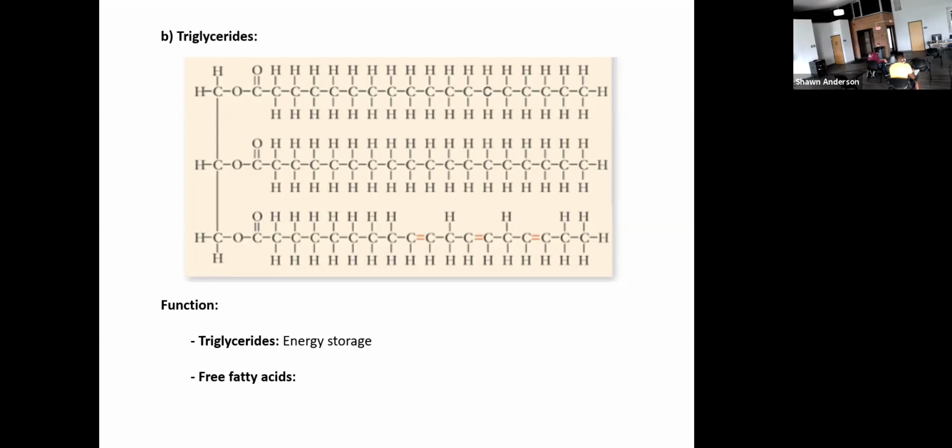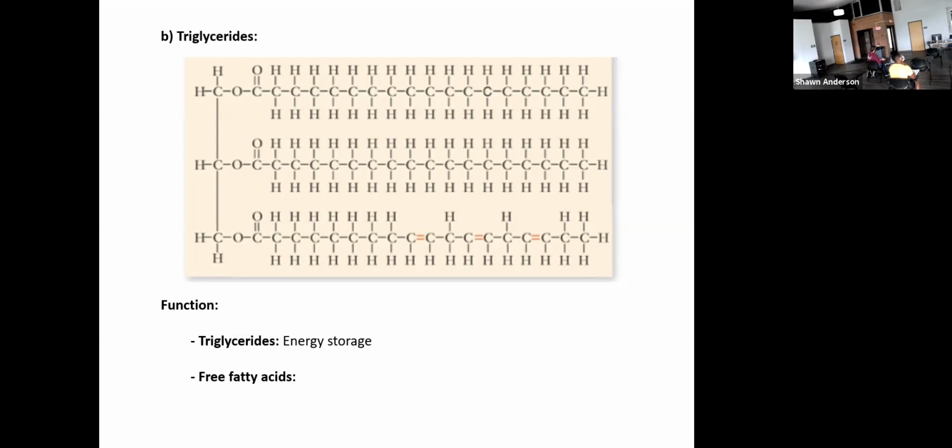And as I said, the function of the free fatty acids, so this molecule here would be stored in your adipose cells, your fat cells, just waiting.